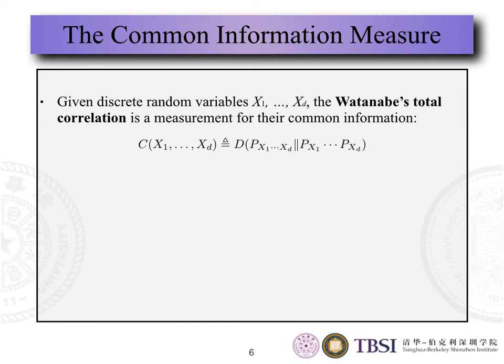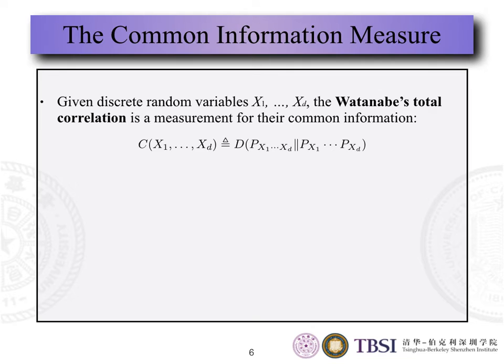Given discrete random variables X1 to Xd, we apply Watanabe's total correlation, or simply called the total correlation, to measure the common information shared between these random variables, which is defined as the KL divergence between the joint distribution P_{X1...Xd} and the product of their marginal distributions.